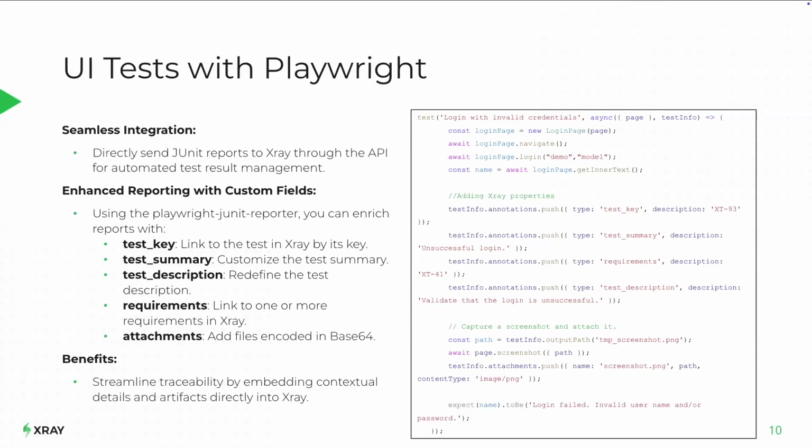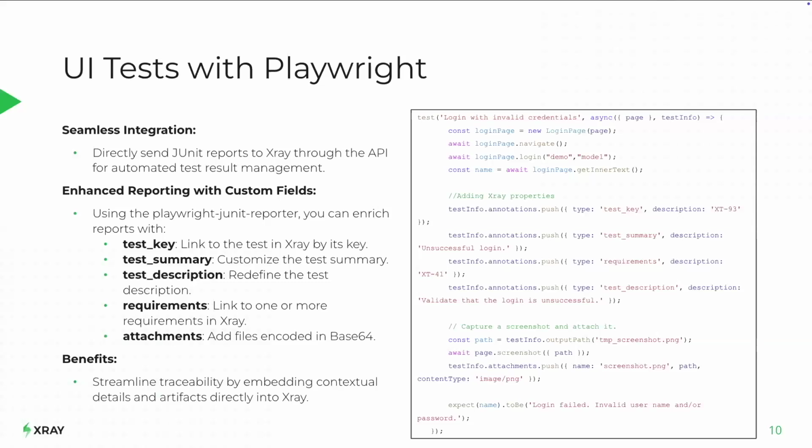In this example, we'll see how we will test a web application with two tests, one that will log in with valid credentials and one with invalid credentials. But let me just highlight that we at Xray have contributed a reporter to Playwright that allows you to add some more rich information in the reports.